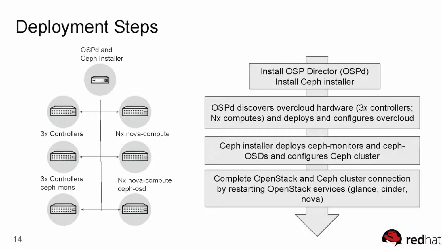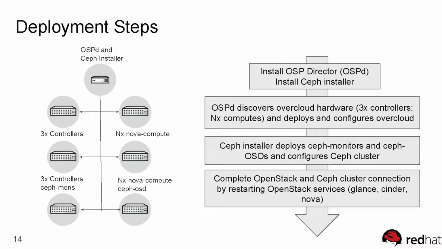As a next step, you ask the Ceph installer to deploy Ceph monitors on the same nodes where the controllers were installed, and the Ceph OSDs on the same nodes where the n computes were installed. So now you've got controllers running, compute running, you've got Ceph monitors running on the same nodes, and Ceph OSDs running on the same nodes.